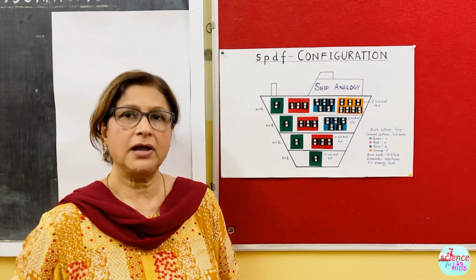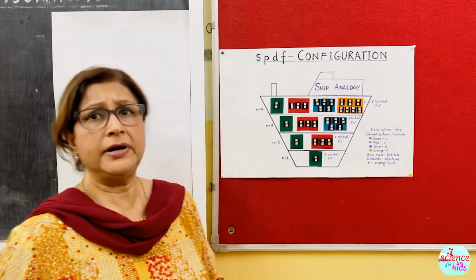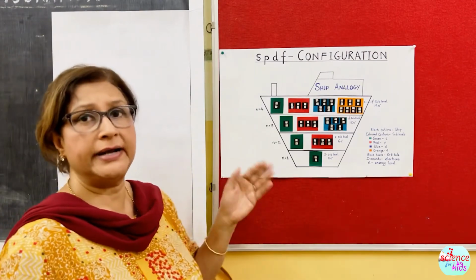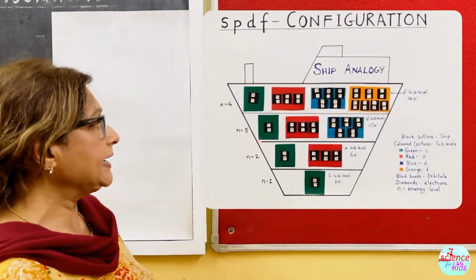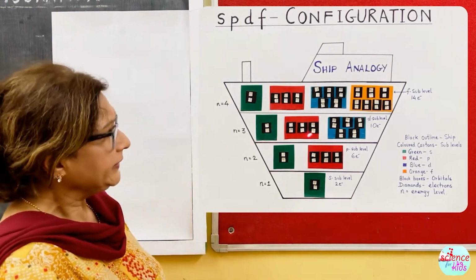Now the question is, what if someone wants to ship even more diamonds? In that case, they have to rent the next deck, which is deck number 3. Now deck 3 has 3 different boxes.